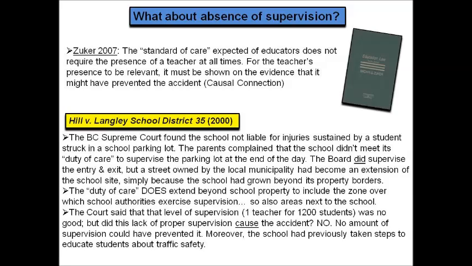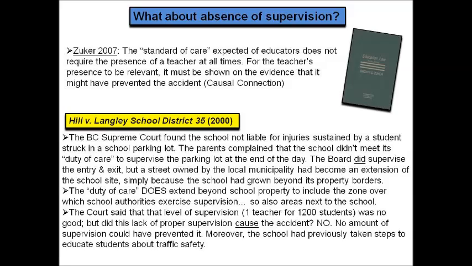And the court said no. No amount of supervision could have prevented this particular accident. Moreover, the school had previously taken steps to educate its students about traffic safety.